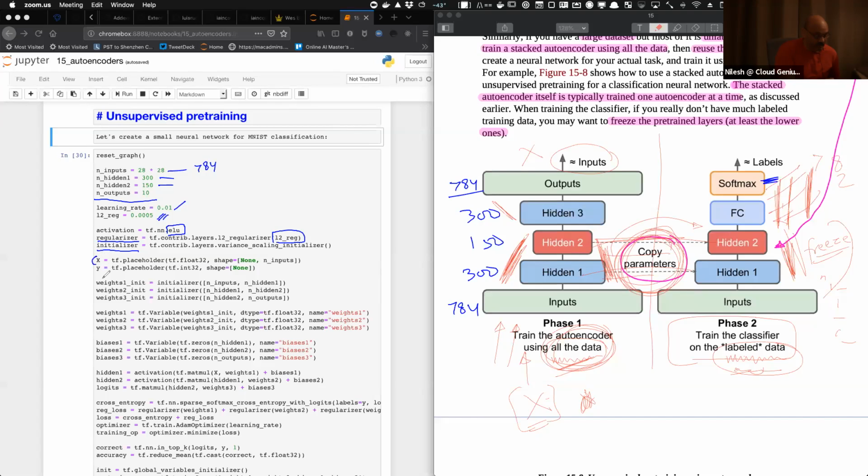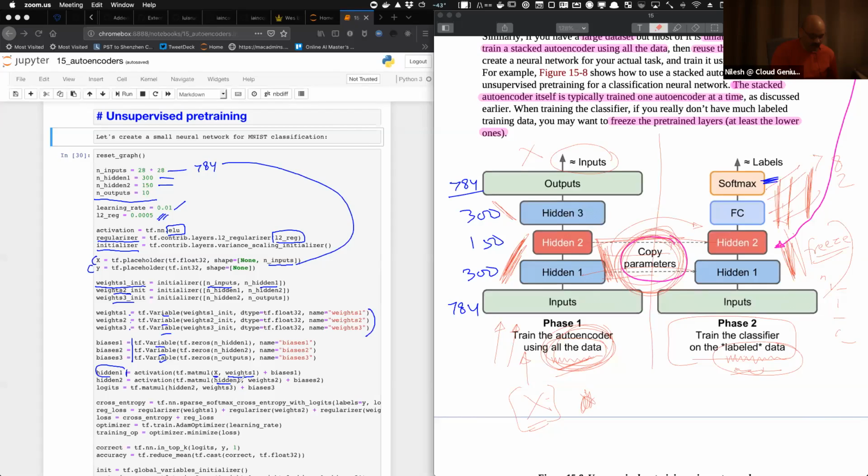Then we have the X placeholder, the Y placeholder, number of inputs coming from here. We have weights, N1 hidden. For the inputs, we have weights 1, weights 2, weights 3. We are defining them. We are setting biases as variables, 3 weight variables. Then we are setting hidden 1 with X matrix multiplication with weights 1 to calculate hidden 1.